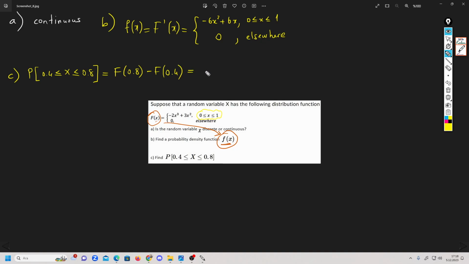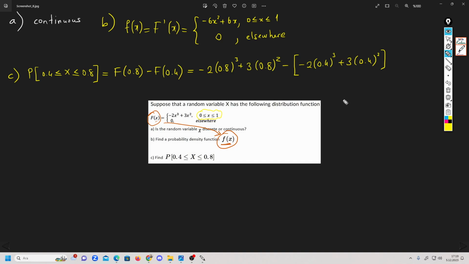So it is equal to minus 2 times 0.7 cubed plus 3 times 0.7 squared. Also minus, now maybe it's better to use another parenthesis because of the signs, again minus 2 times 0.4 cubed plus 3 times 0.4 squared.